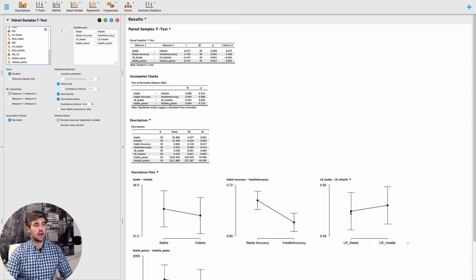However, we hypothesized that learning rate would be significantly higher in a volatile compared to a stable condition. Unfortunately, that does not seem to be true here. I think, like I say, I would have liked to spend more time with this.